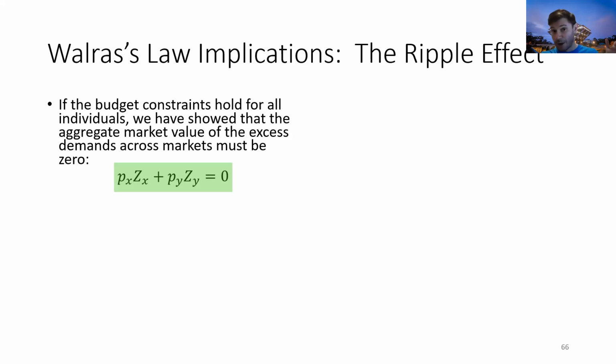They're not going to be 0 either. But the excess demands, they could be positive, they could be negative, they could be 0. Right? If the excess demand is positive, that means you have a shortage. If the excess demand is negative, that means you have a surplus. And if the excess demand is 0, that means what?